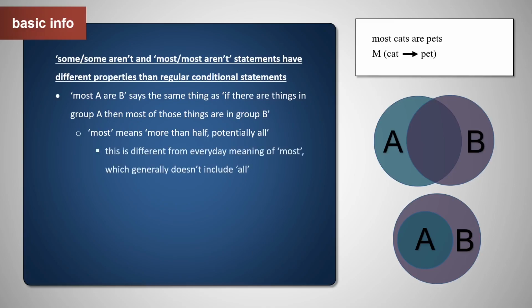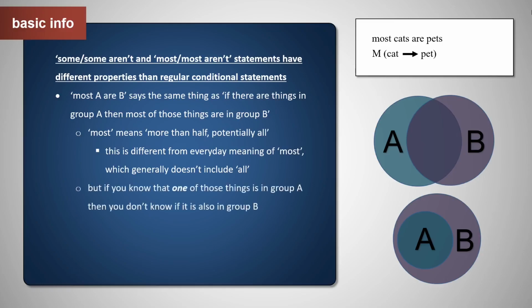And so once again, this is different from the everyday meaning of most, which generally doesn't include all, but here you can do that. So you can have a relationship between two elements joined by most, where everything in that first group of elements is associated with that second group of elements.